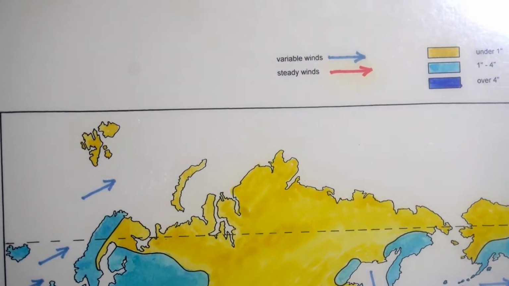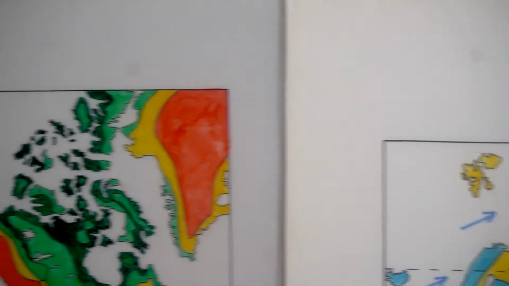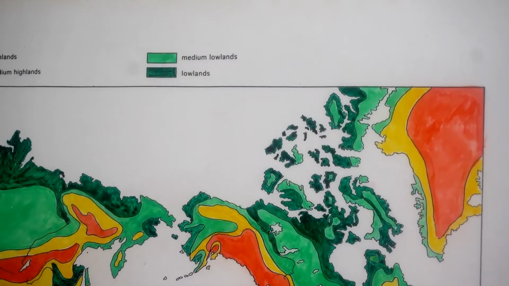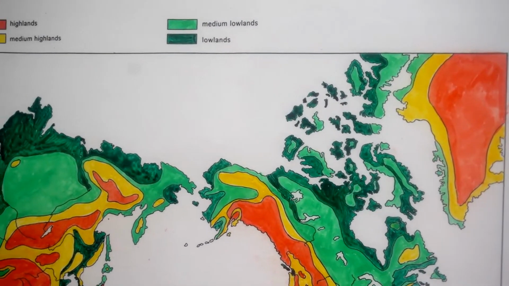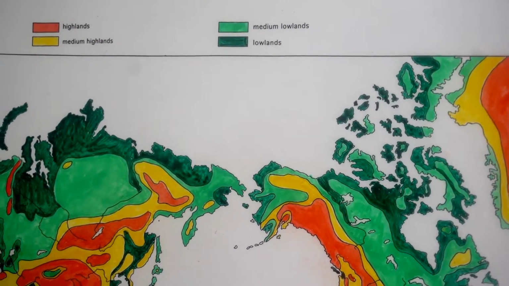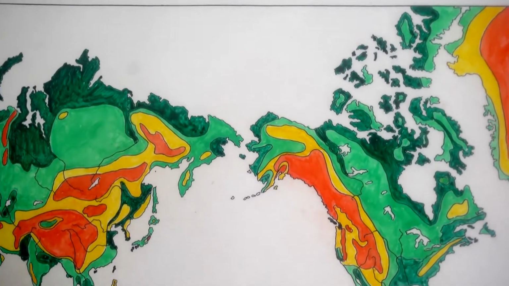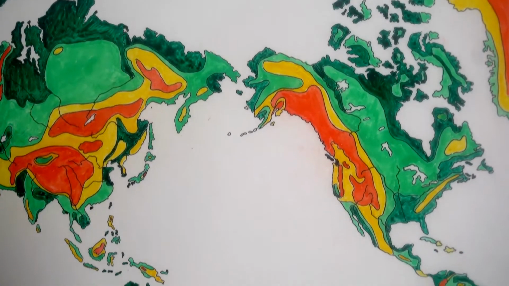So let's see how this map compares with this other one here. So we are going to compare these two maps to see what rivers we can attribute their flow to rainfall.